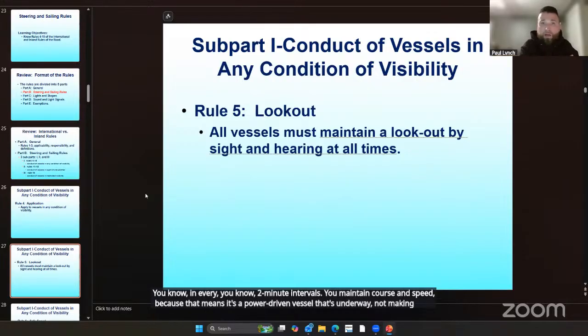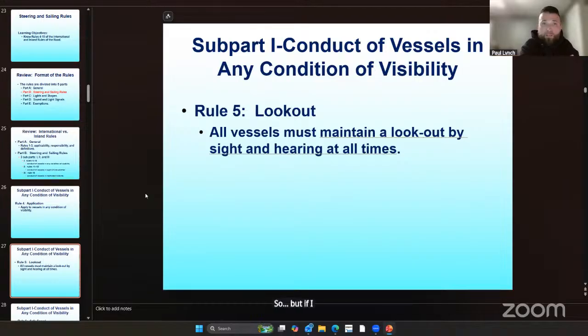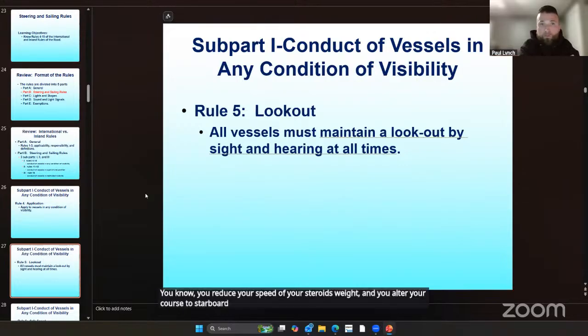They're dead in the water behind you. But if I hear one prolonged blast forward of my beam, you reduce your speed to bare steerageway and alter your course to starboard, because that means there's a power-driven vessel in front of you.